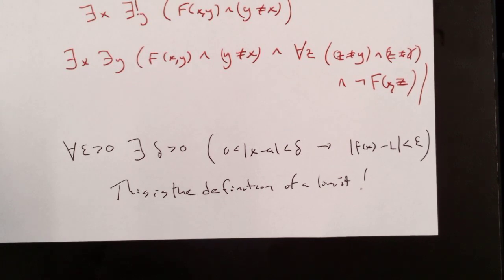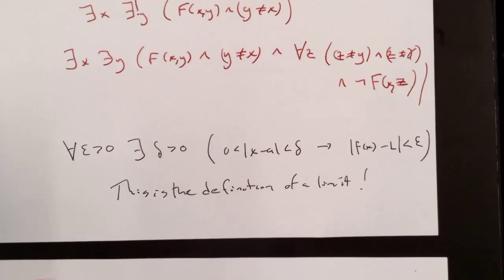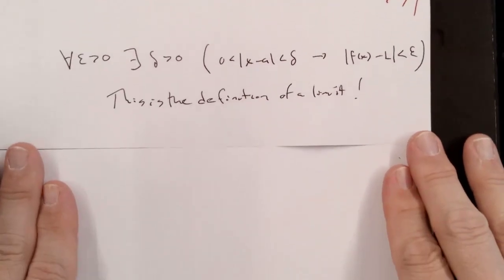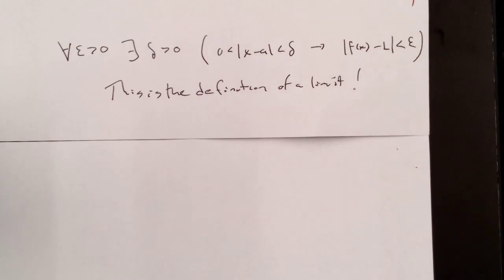I tend to think of nested quantifiers as loops. Here's a holdover from my programming days. If I see a statement like this, I get a value for epsilon, and then I start looking for values of delta until I find one that works.